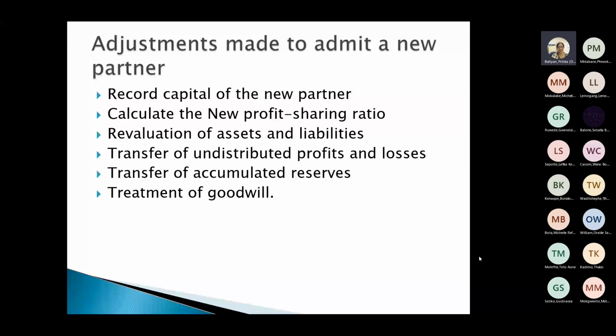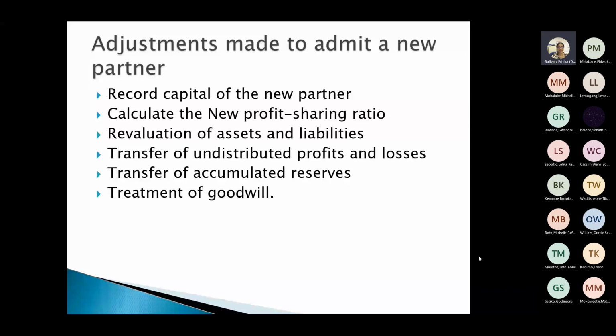So the profit the business makes is going to be shared by four partners instead of three. In which proportion are the four partners going to share? For that, they need to calculate the new profit and loss sharing ratio.